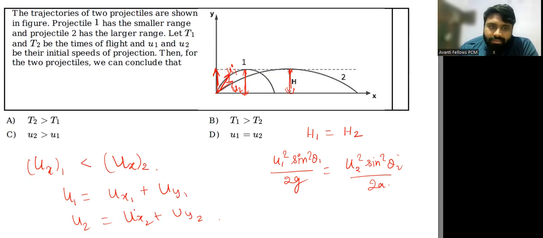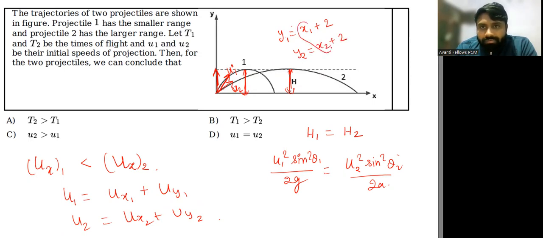Then what can we say? ux1 is less than ux2 and uy1 and uy2 are the same. It is the same as if I say y1 is equal to x1 plus 2, y2 is equal to x2 plus 2.